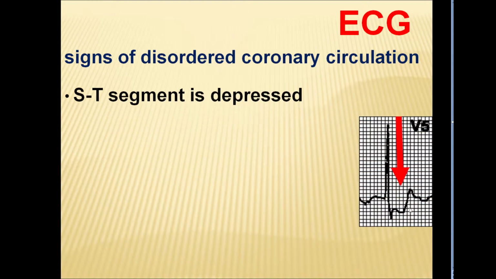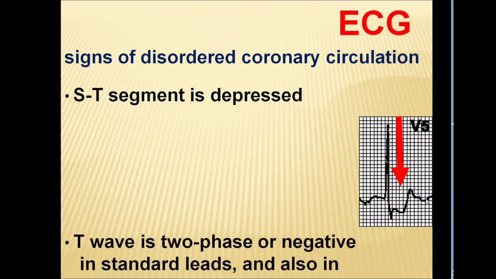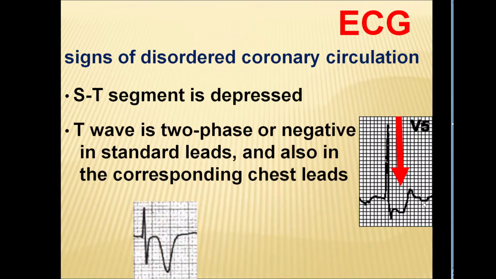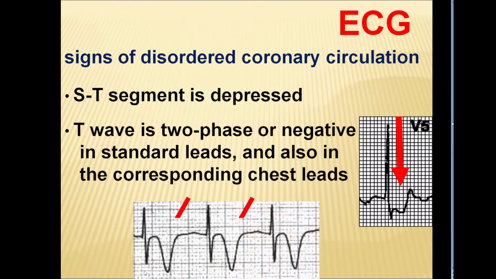We can reveal displacement of the ST segment below the isoelectric line, that is depression, and some pathology of the T wave. It may be negative or two-phase, sometimes sharp, but it appears only during attacks of pain. When we give nitroglycerin, after 5 minutes all this displacement comes back to normal.